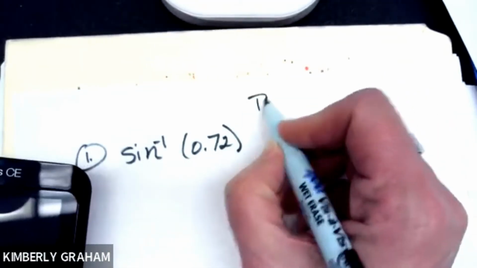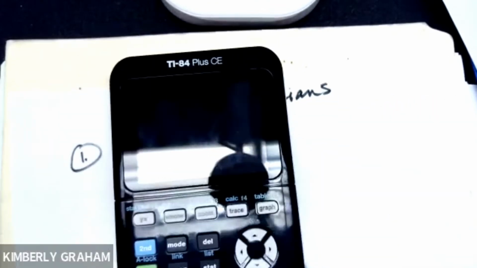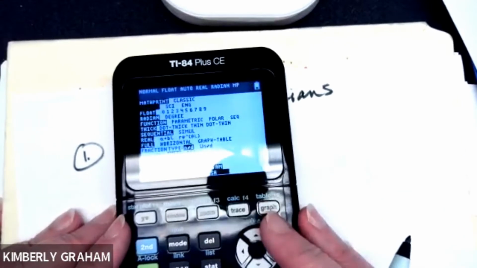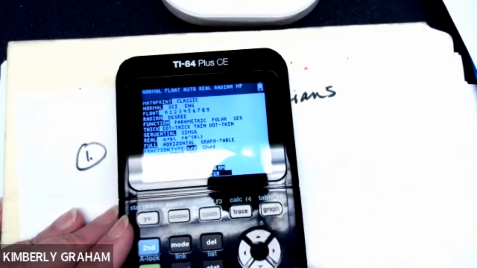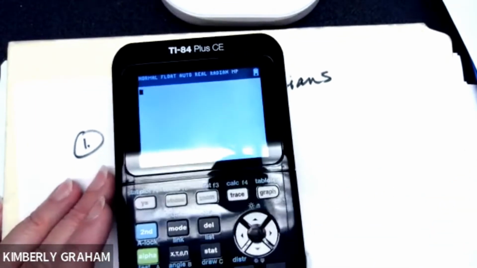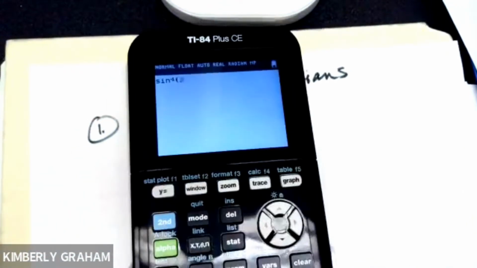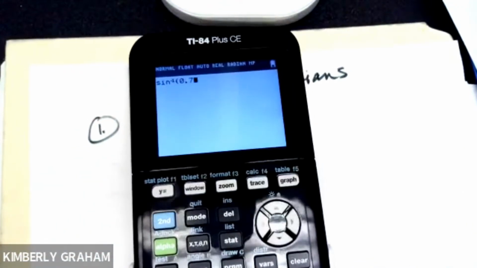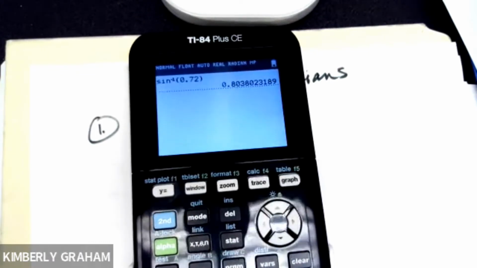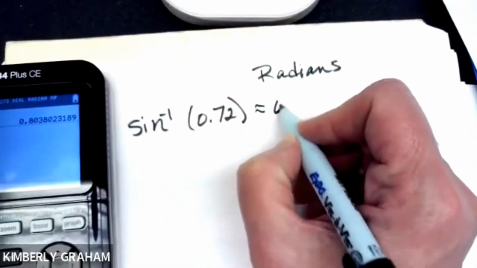And in my problem here, I'm going to want to be using radians. So go to my calculator here, go to mode, be sure I'm in radians, and I am. If I want the inverse sine, I'm going to hit second sine, and notice I get that inverse notation, 0.72. And that's going to give me approximately 0.80.